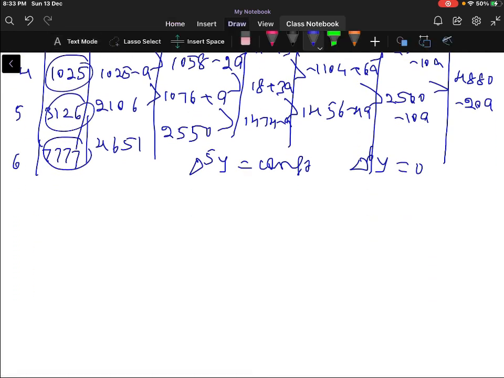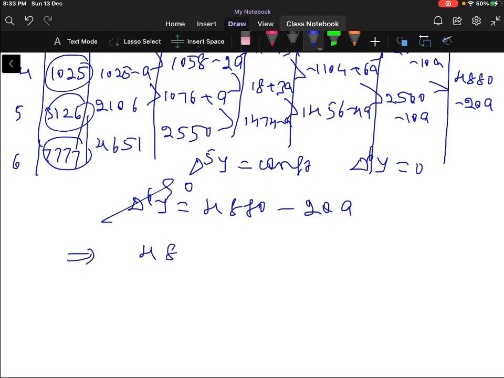You can observe from the table delta 6y is 4880 minus 20a. So delta 6y is 0. So this implies 4880 minus 20a is equal to 0.